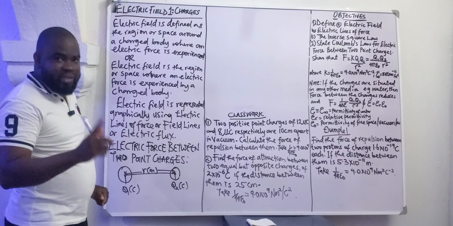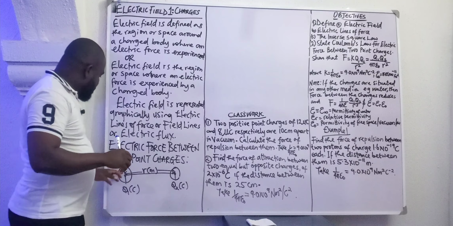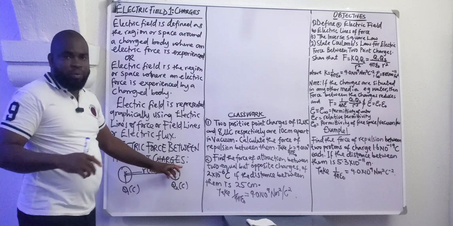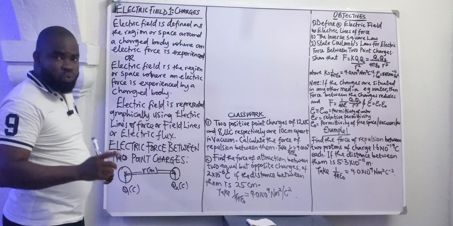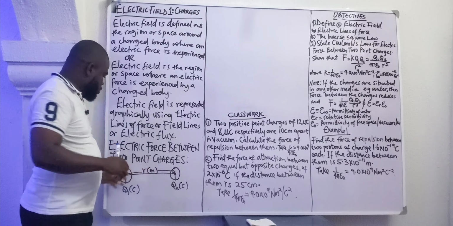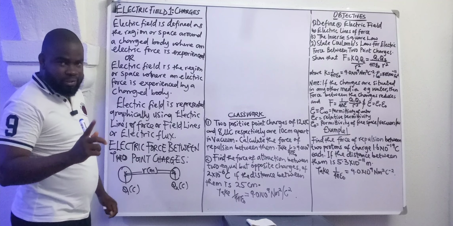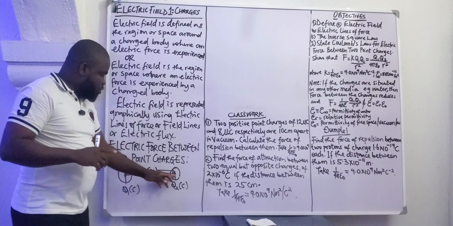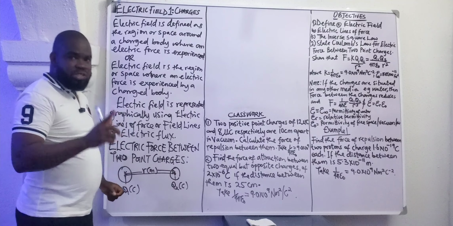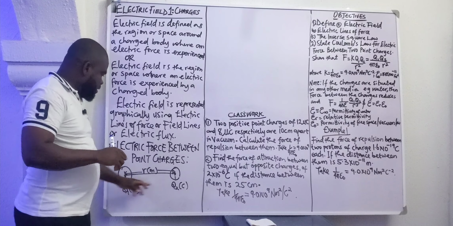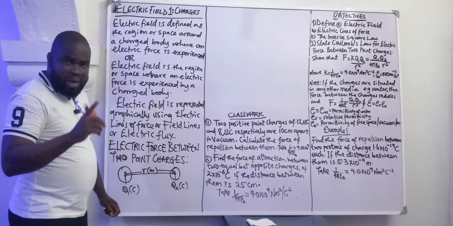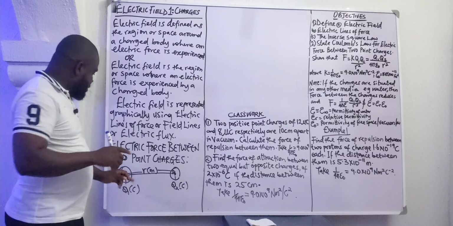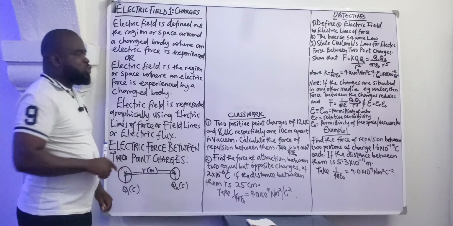He said, provided that the bodies are small compared to the distance of separation between them, then the electric force between the two bodies is the product of the two charges and divided by the square of the distance between them.